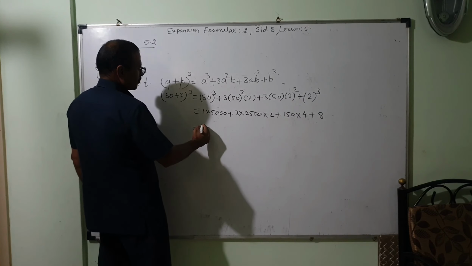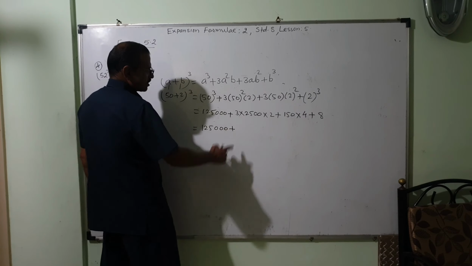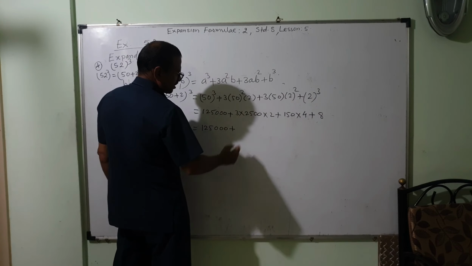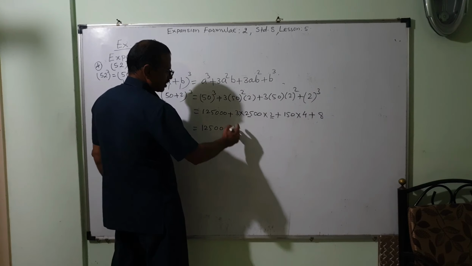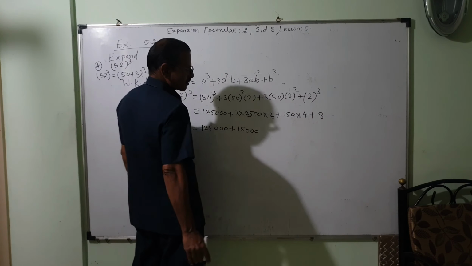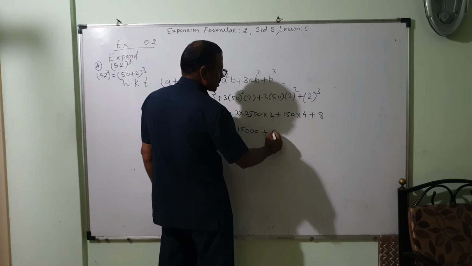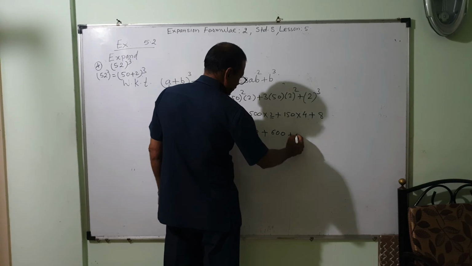That is equal to 125 triple zeros plus 25 2 are 50. 5 3 are 150. See this. This 25 into 2, 50. 5 3 are 150. And these 2 zeros. Plus 15 4 are 60 and this 1 0, plus 8.